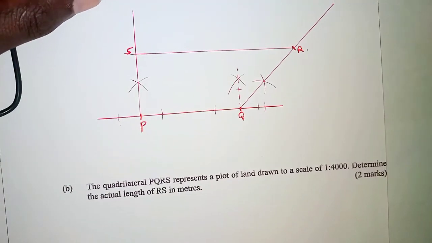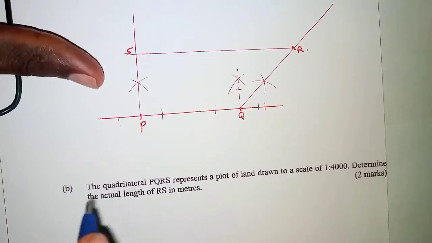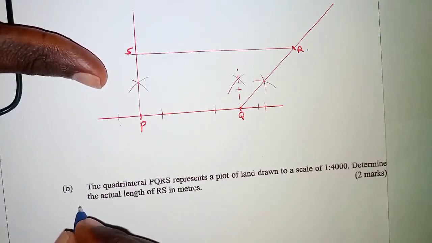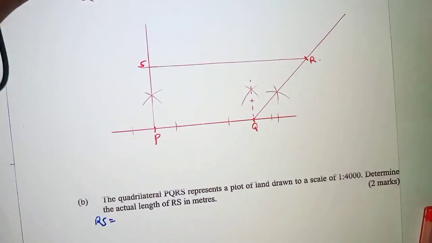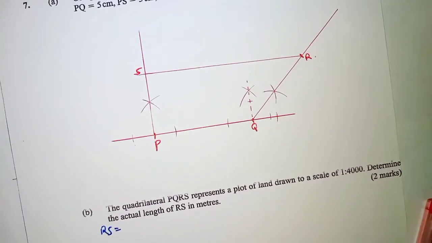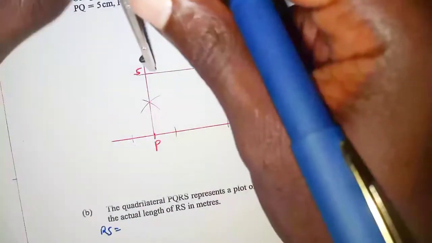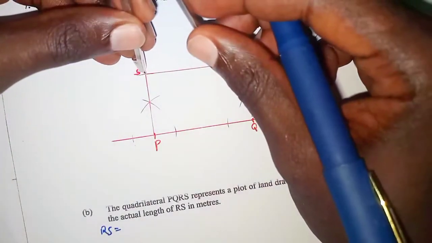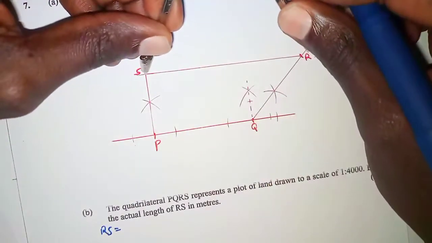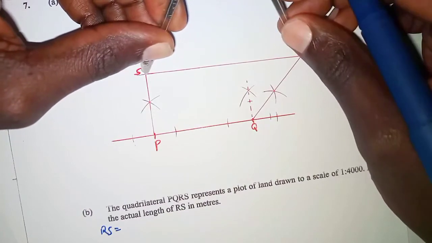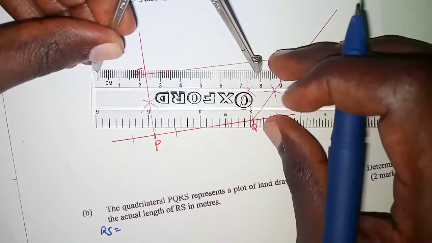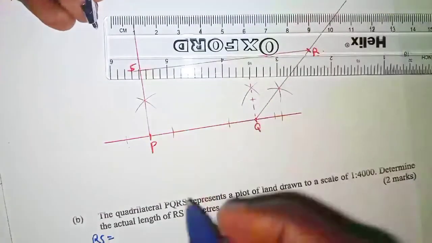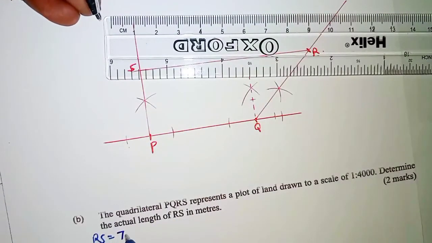So first of all, we need to get RS for the scale drawing. So for the scale drawing, we measure from R to S. So we get 7.8 centimeters.